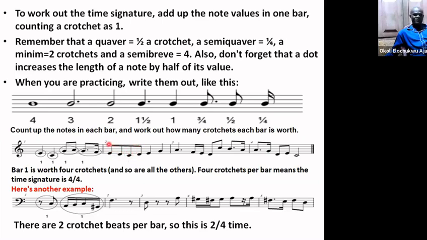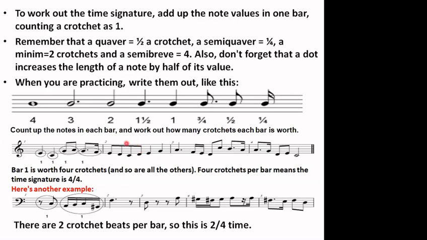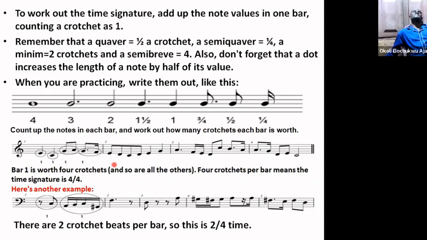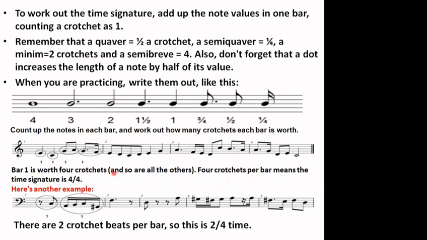These 4 quavers amount to how many crochets? 4 quavers amount to 1 crochet. Half a crochet beat. Look at it very well. So, for 1 crochet, 2 crochet beats?